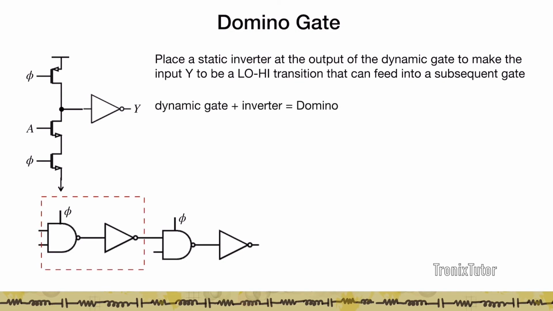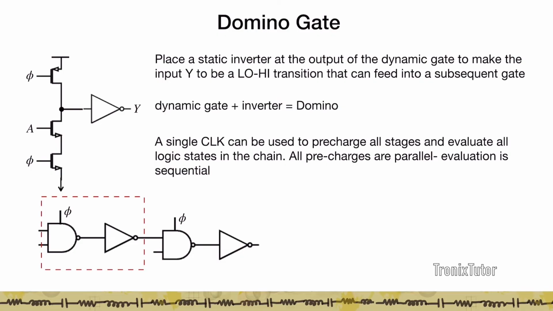So this dynamic gate in combination with an inverter is known as a domino gate. A single clock can be used to pre-charge all the gates and evaluate all the logic gates in the chain. However, while all pre-charges tend to be parallel, evaluation tends to be sequential.